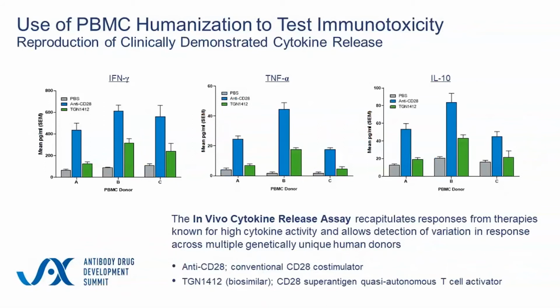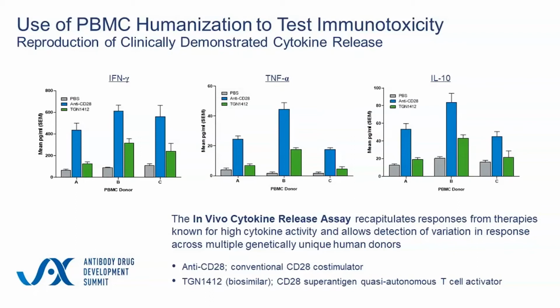Now, if we then think about this in the context of a cytokine release assay, we want to go through the reason why our group developed what we call this in vivo cytokine release assay. If we go back and we think about the more traditional assays that are being used to look at cytokine release today, as we evaluate these molecules, we've got the in vitro assays and we've got the non-human primate assays.